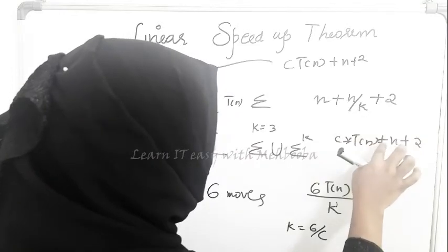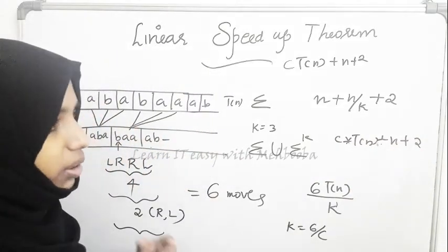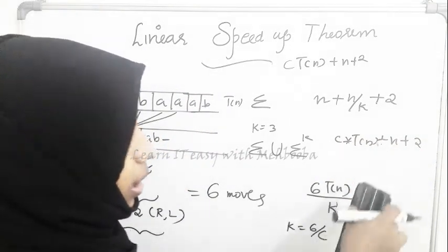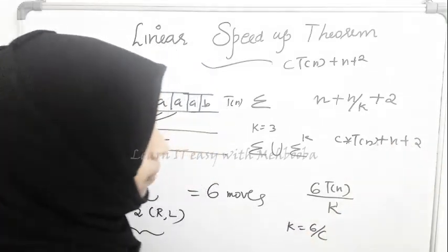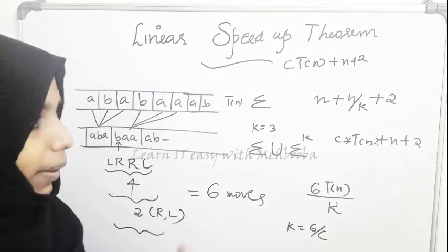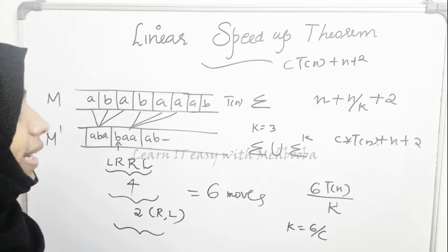Yes, it is n by k, but at most n time. That is the maximum it can take, isn't it? N plus 2 time. So this work can be sped up. So that is the linear speed up theorem.